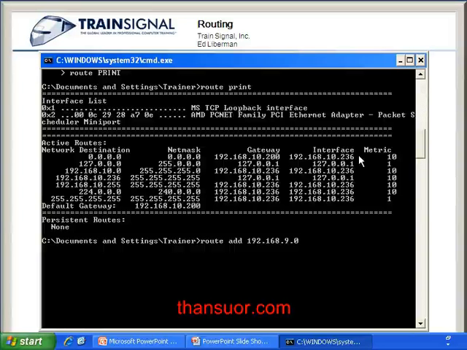So 192.168.9.0 space. I'm going to type in the word mask, okay, and that's all you need to put in to enter in the net mask, space 255.255.255.0, right? I've now specified a network destination and a net mask, and all I need to specify next would be the gateway.